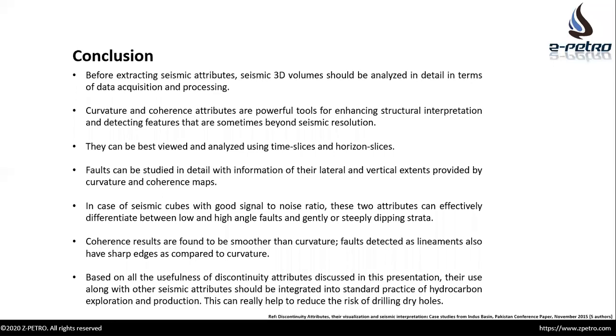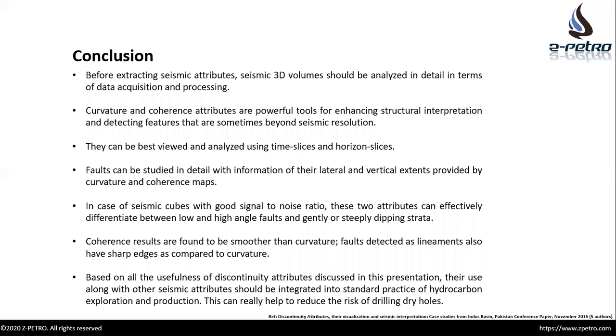So now these are basically the conclusions of these slides: before extracting seismic attributes, the seismic 3D volume should be analyzed in detail in terms of data acquisition and processing. Data quality is very necessary. If you have a low quality data set, you cannot easily detect all this information from it, all right.